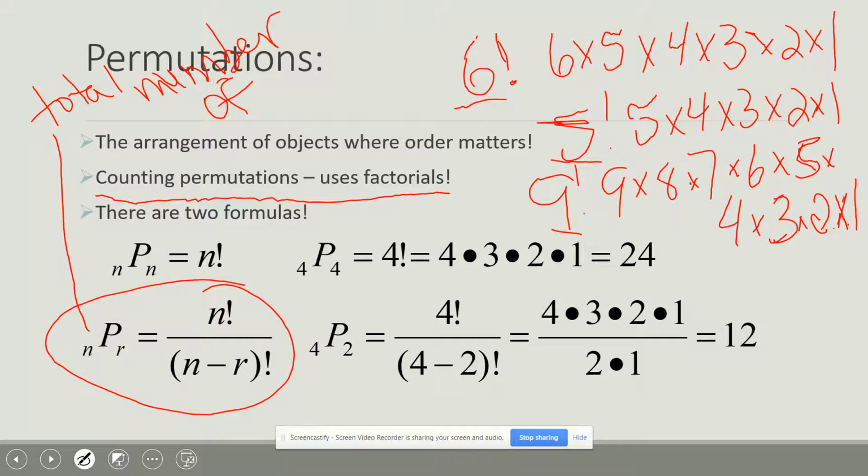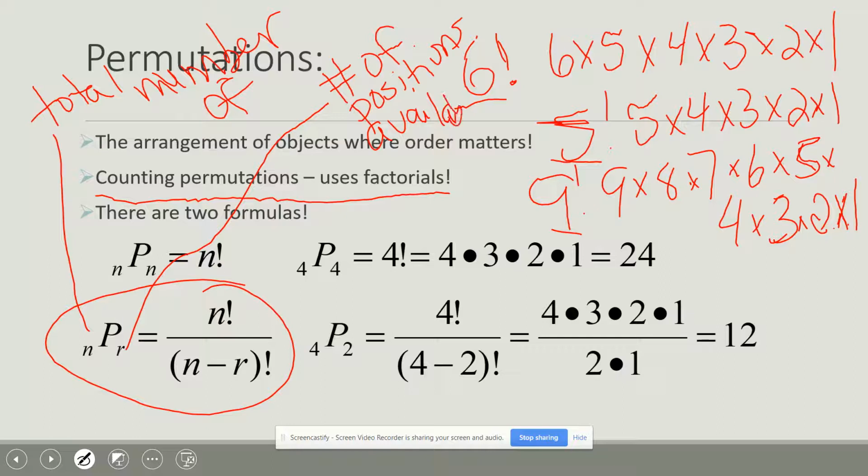So it would be our 10 runners or our 7 classmates that are running for office. r is the number of positions available. So the 3 first, second, and third place that won money, or president, vice president, and secretary. Those are the number of positions that are available.